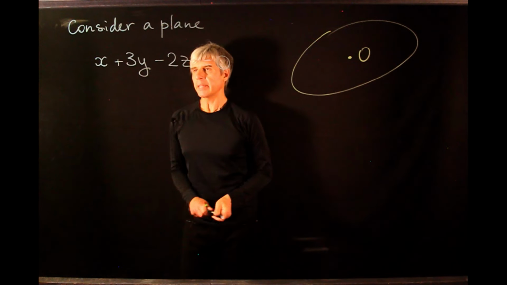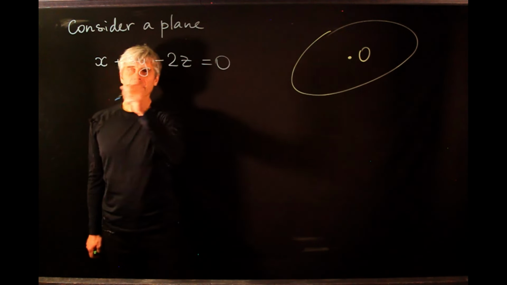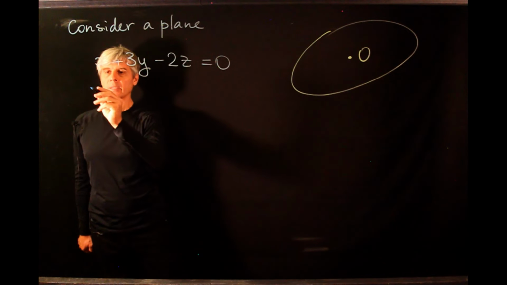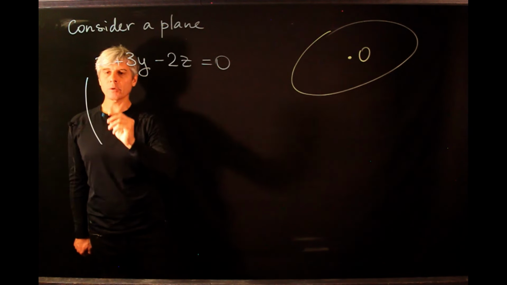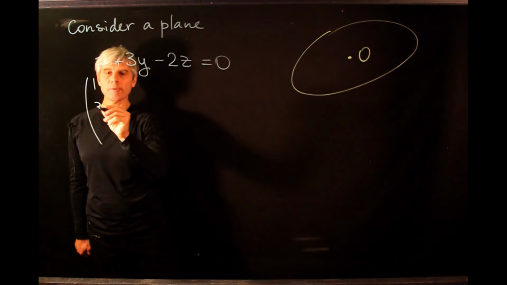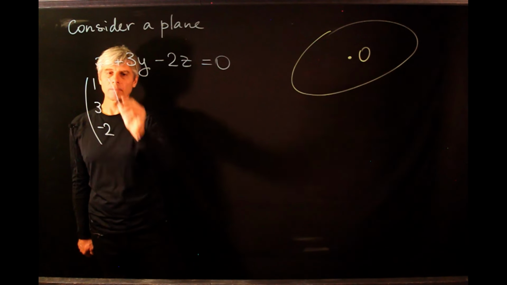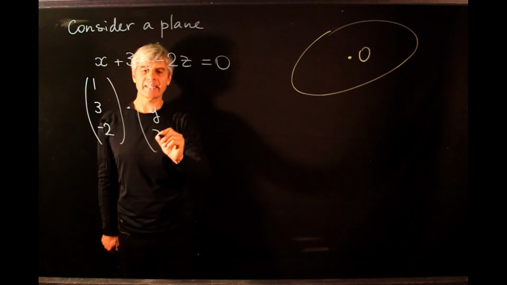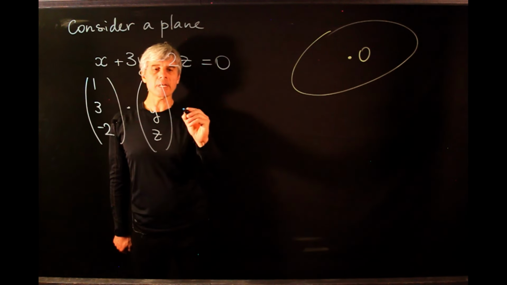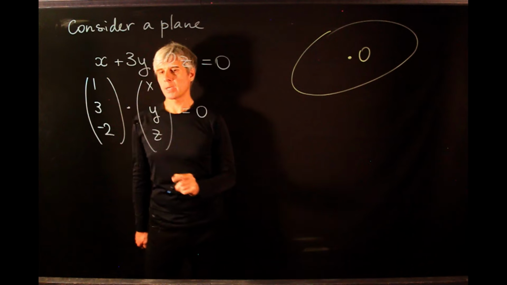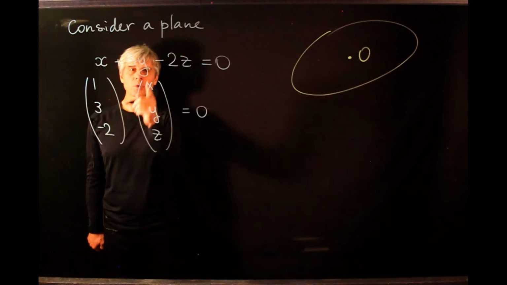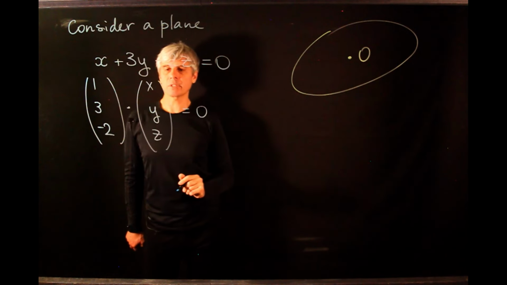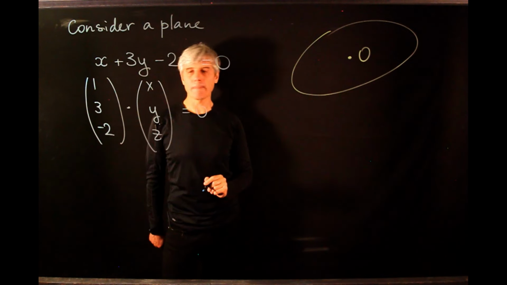Now, an interesting fact is that this equation can be written as a dot product. So it's a dot product of vector 1, 3, negative 2 with the vector x, y, z. And the right-hand side is equal to 0. So if we compute the dot product of these two vectors, then we precisely get the left-hand side of this equation.